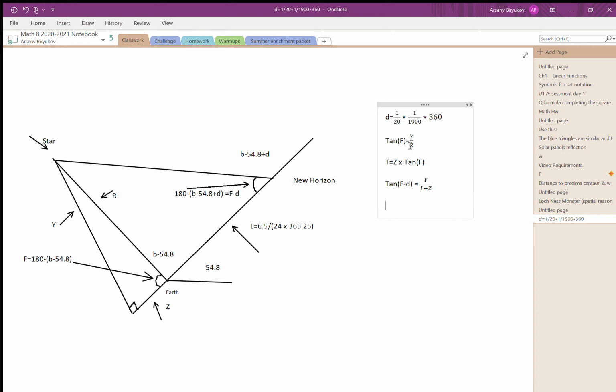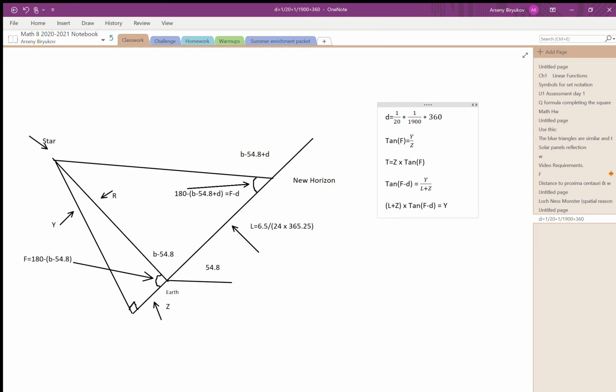This equation can be changed to (L plus z) times tangent of (f minus d) is equal to y.